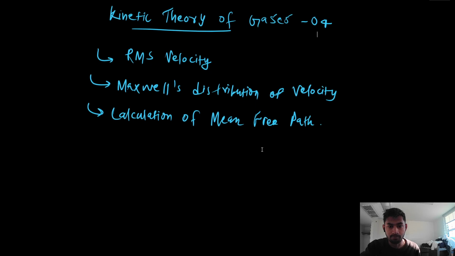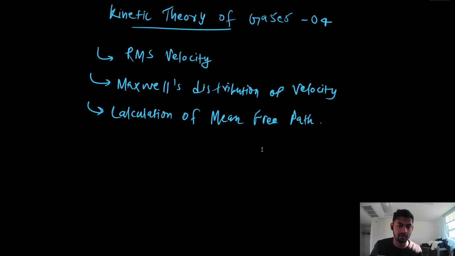I hope that you have seen previous videos about postulates of kinetic theory of gases, derivations, and some numericals related to this topic. It is necessary to know those things because all these things are intertwined with each other, and I would love you guys to check those videos out before jumping into this video.